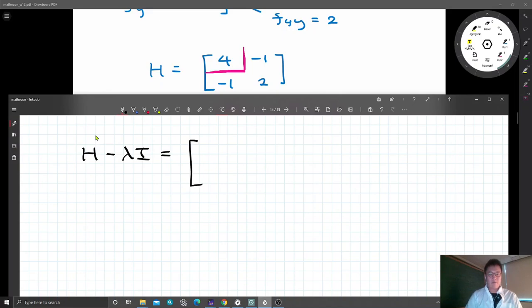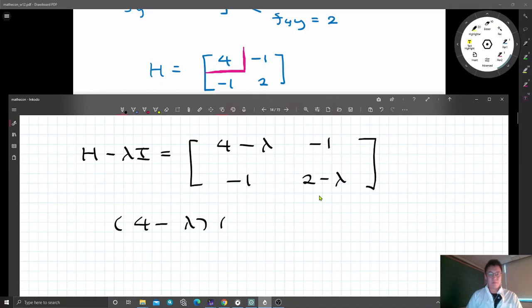Then the coefficient matrix is going to be 4 minus lambda, negative 1, and negative 1, 2 minus lambda. So for the characteristic equation, we compute the determinant, minus negative 1 squared, and set it equal to 0.